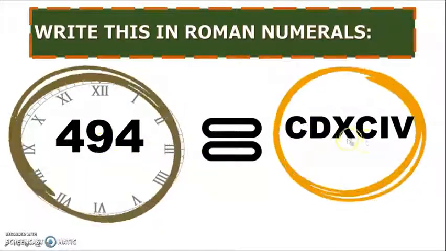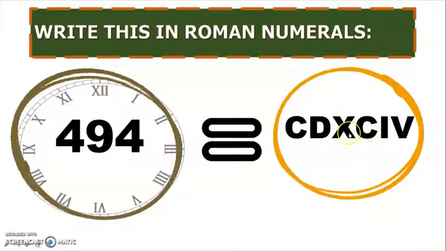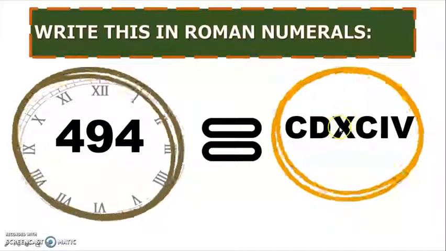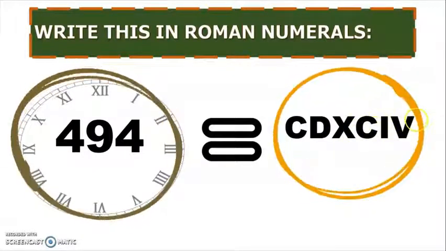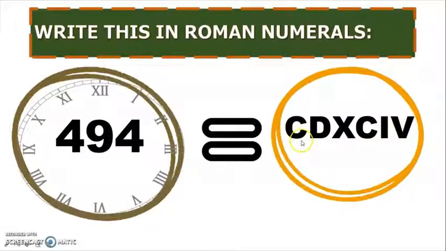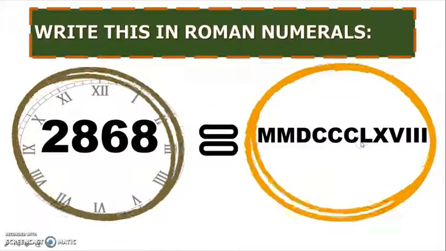So 90 is XC. Why you cannot write XXXX? You can repeat X only three times. 100 minus X is 90. 4 becomes IV. Therefore, this is how we write Roman numeral 494.